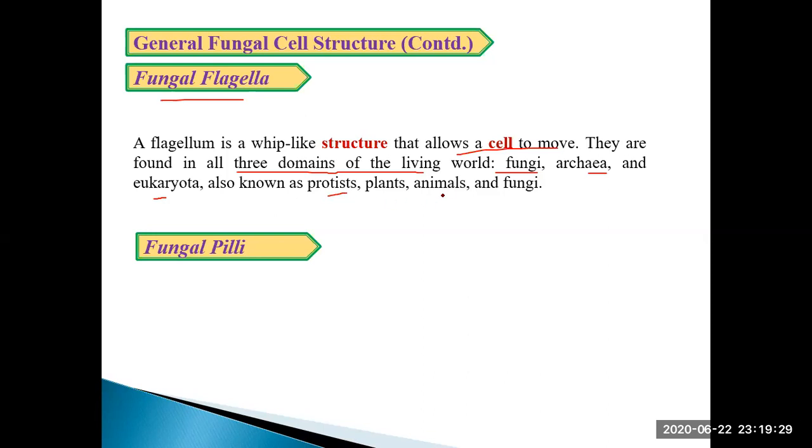We know that animals can also move. Flagella allow cells to move from one place to another. In animals, you can compare it with the tail. This kind of tail-like material is present in different kinds of fungi.